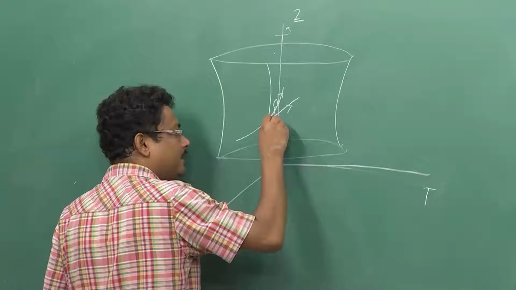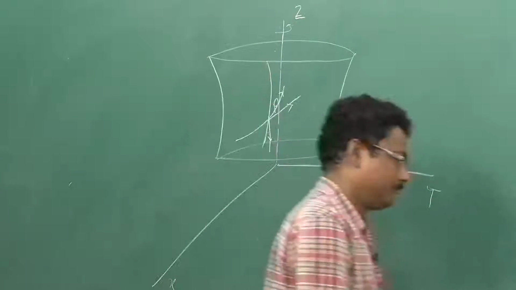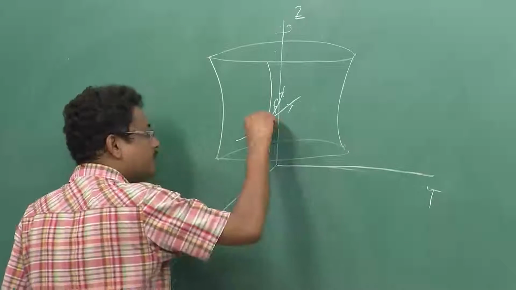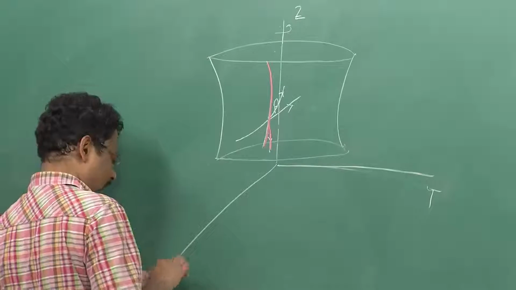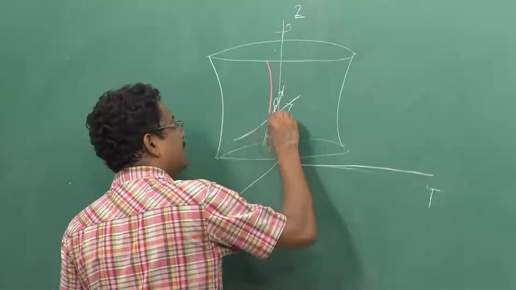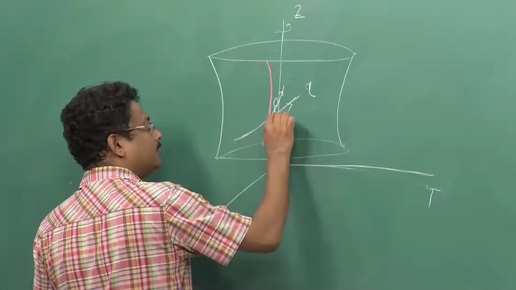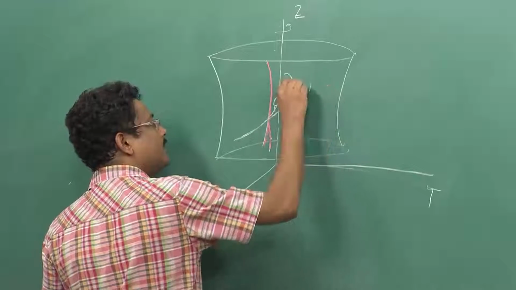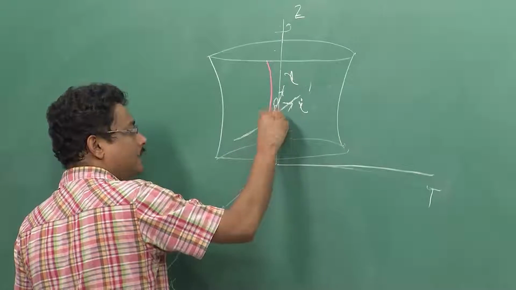So, this is the tangent to the meridian, maybe I use different color chalk. This is the tangent to this meridian at P, and this is gamma, the tangent to gamma, gamma dot at point P. So, I am looking at this angle psi.